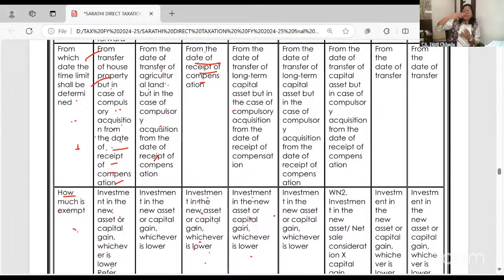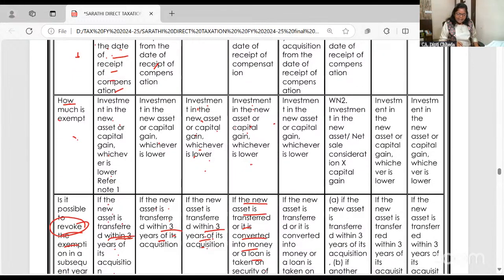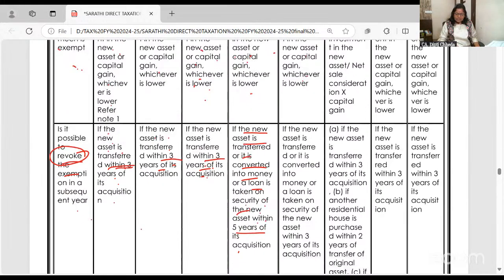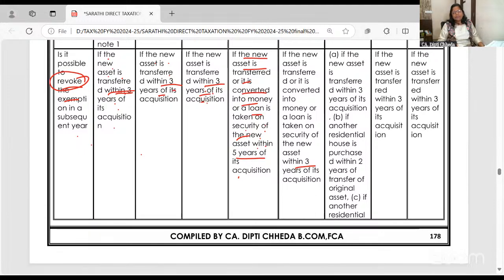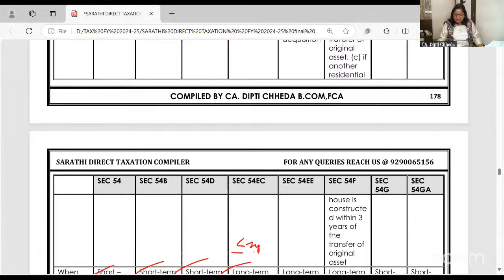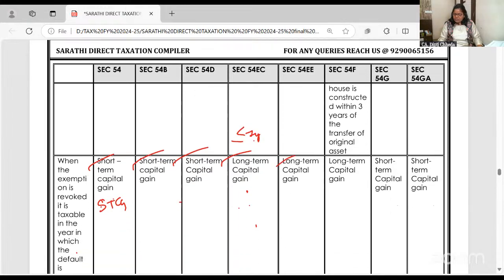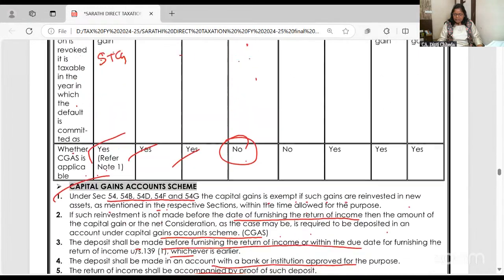In 54 EC, you can put that money in bonds; in 54 EE, in mutual funds. Exemption is investment in capital asset or capital gain, whichever is lower. If the new asset is converted or a loan is taken and all within 3 years. 54 EC bonds are there for a lock-in period of 5 years. This is for a lock-in period of 3 years. Clear? It will become taxable as long-term capital gain.